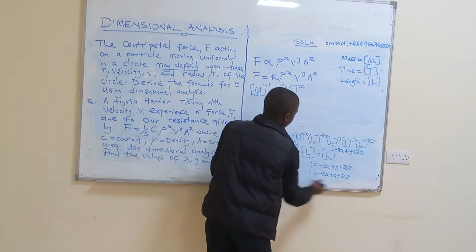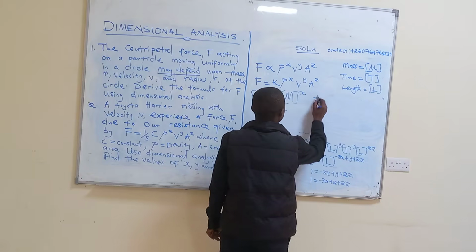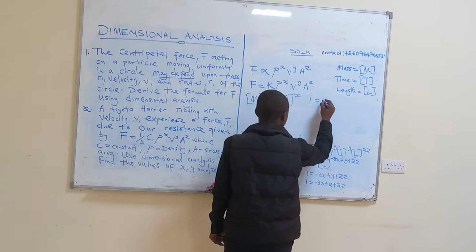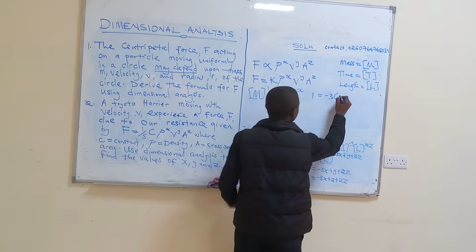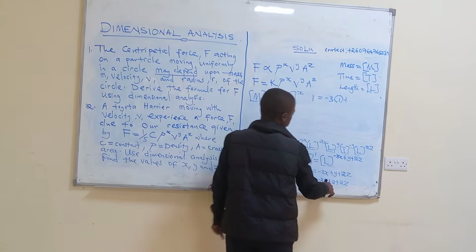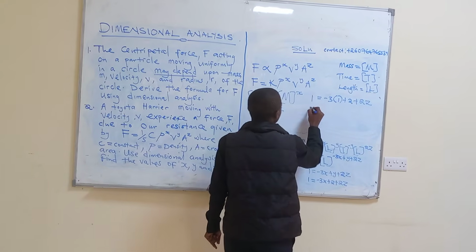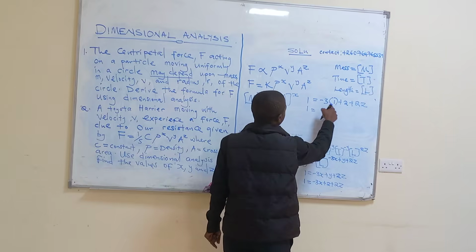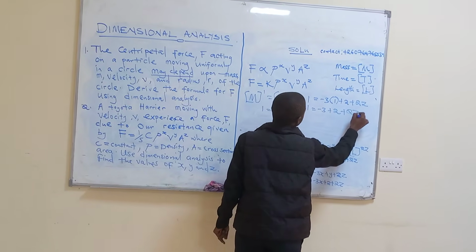So 1 is equal to negative 3 times x, that is 1, plus 2 plus 2z. So that is 1 is equal to negative 3 plus 2 plus 2z.